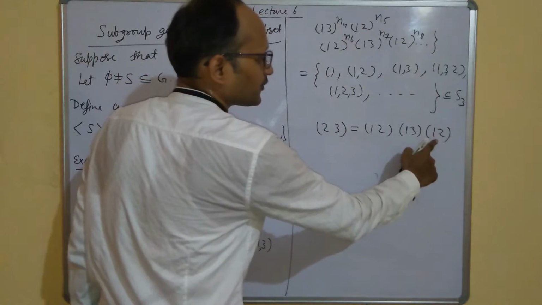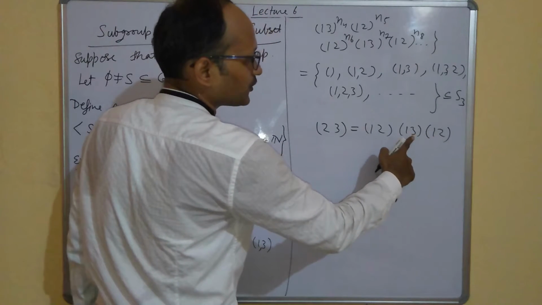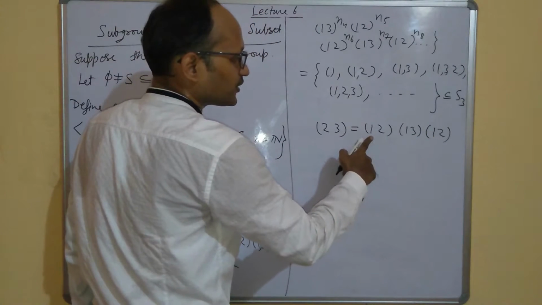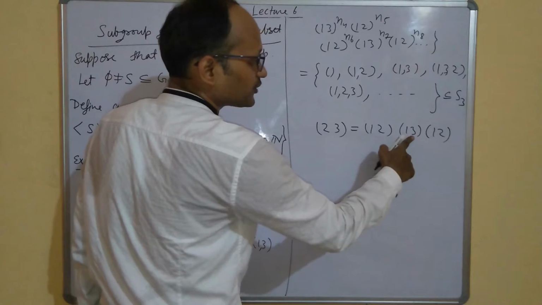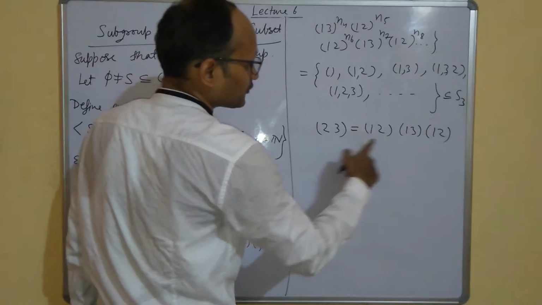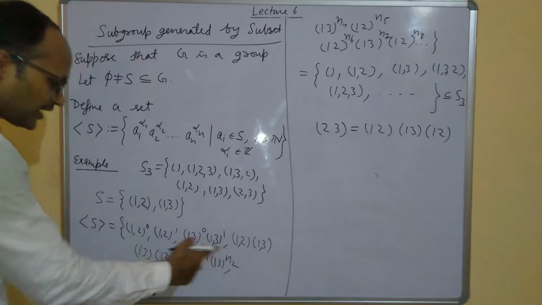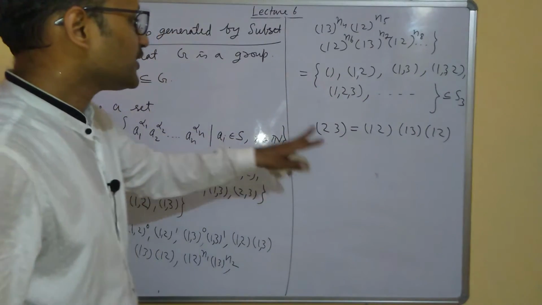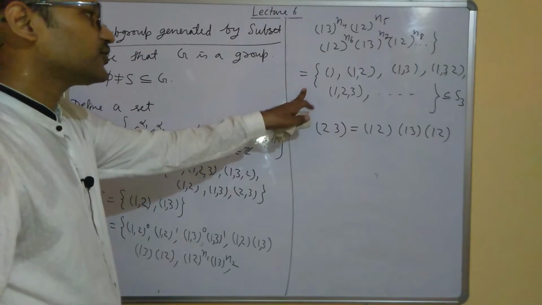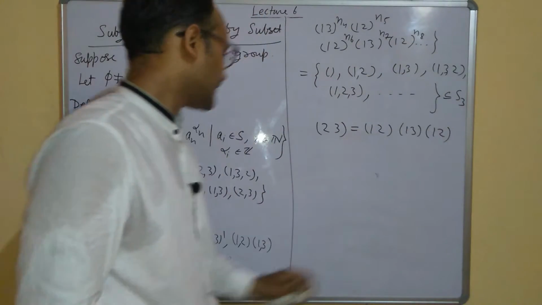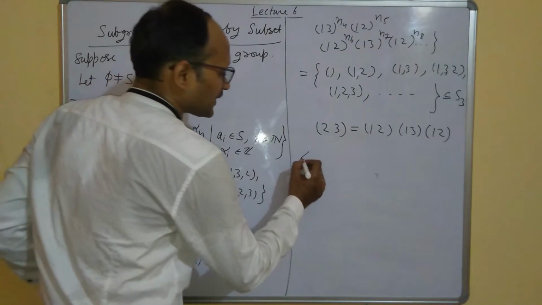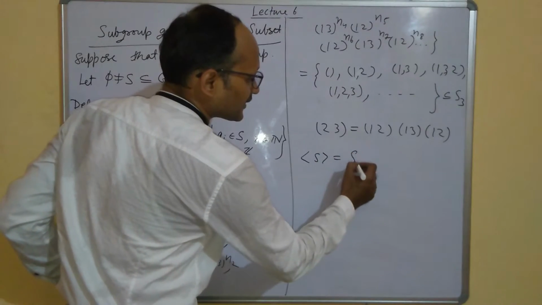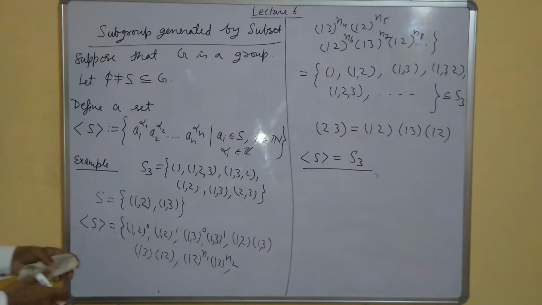Is it clear? 1 is going to 2, 2 is going to 2, 1 is going to 1, so 1 is going to 1, 2 is going to 3, and 3 is going to 2, so (2 3). And this combination will also be in this set. So it means (2 3) will also be here, so this subset will become S3. So in this set case, this is S3.